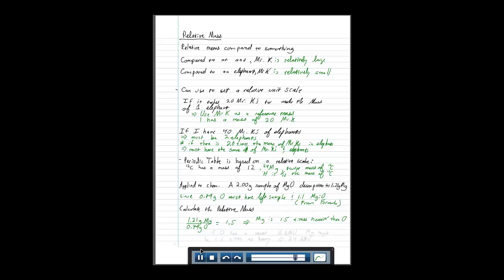So if oxygen has a mass of 16 AMU, AMU meaning atomic mass unit, magnesium must be 1.5 times as heavy, and have a mass of 24 AMU.